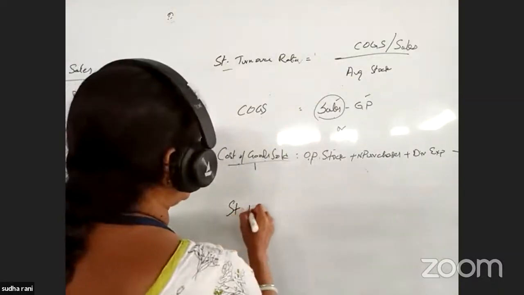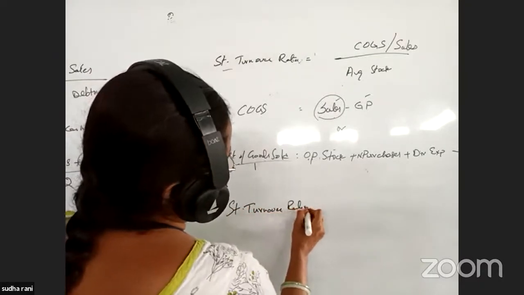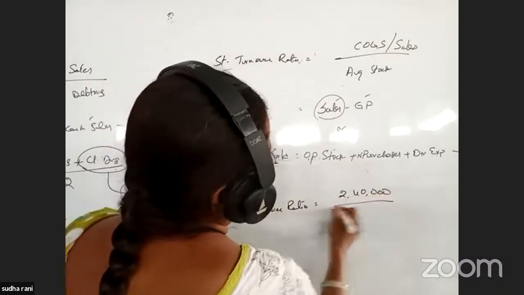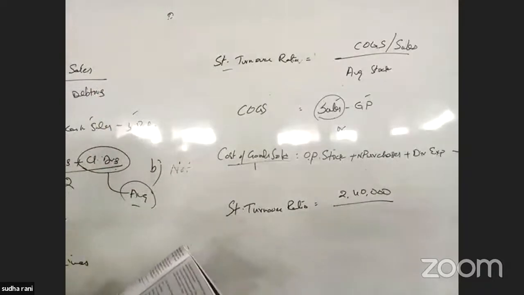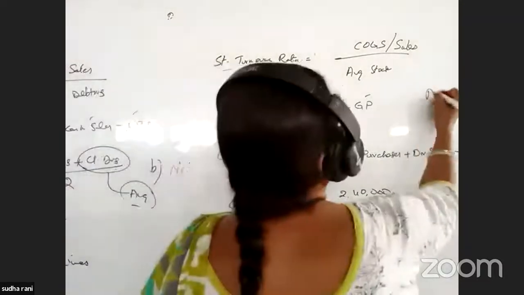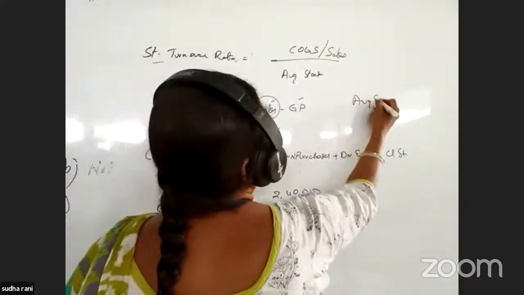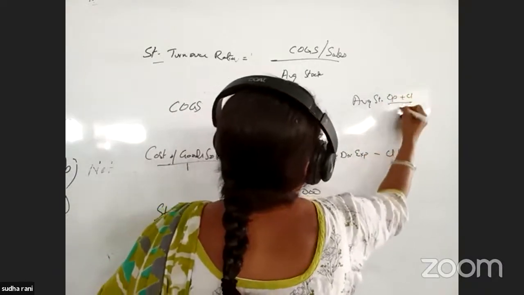So stock turnover ratio equals cost of goods sold 2,40,000 by average stock. How do you get average stock? Average stock is opening plus closing by 2.